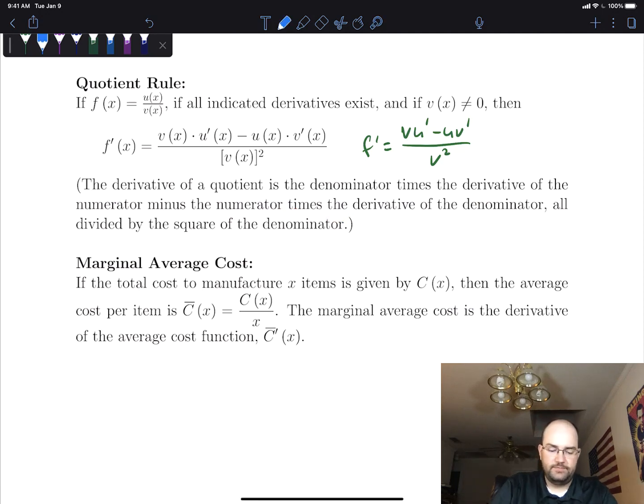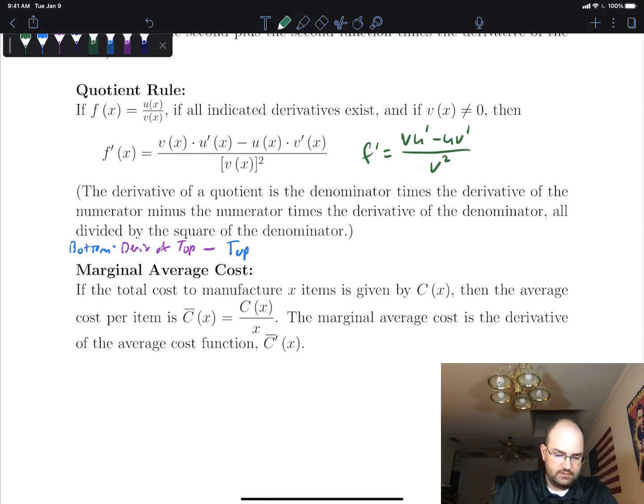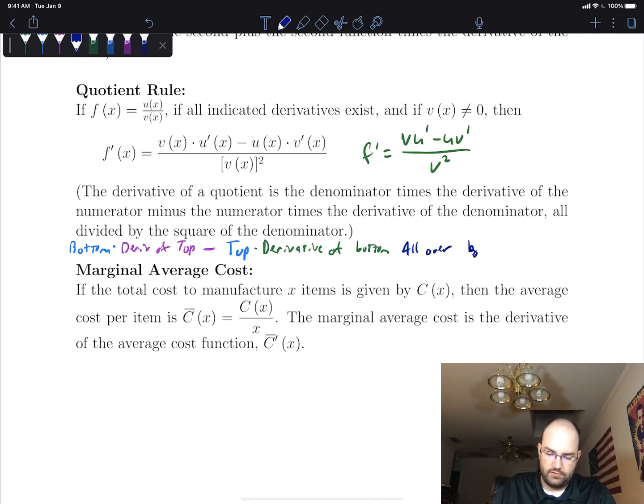So the way that I like to say this is the bottom times the derivative of the top minus the top times the derivative of the bottom all over the bottom squared.